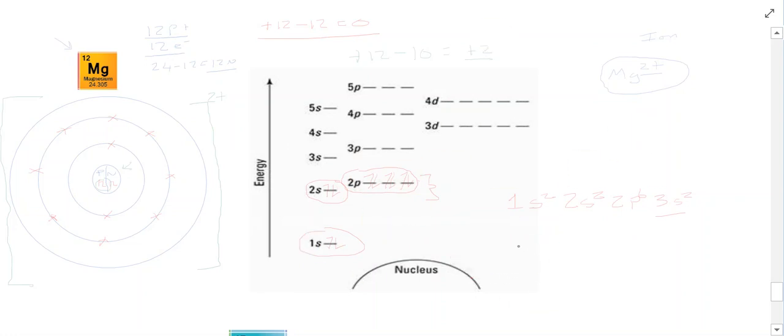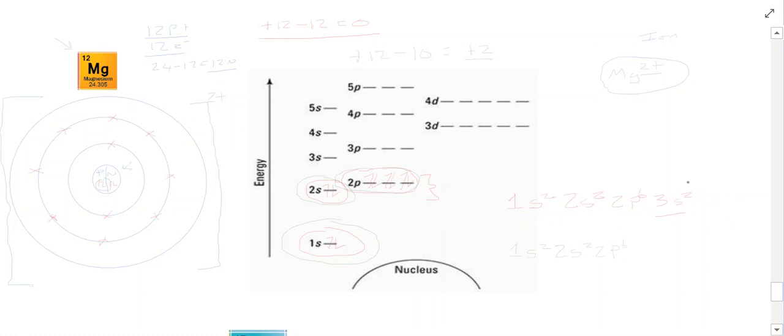You have the first energy level, 1s2, that keeps these 2 electrons, just like the neutral atom. Then you have 2s2, so again you have these 2 electrons here, and then you have 2p6, so that's the same as well.